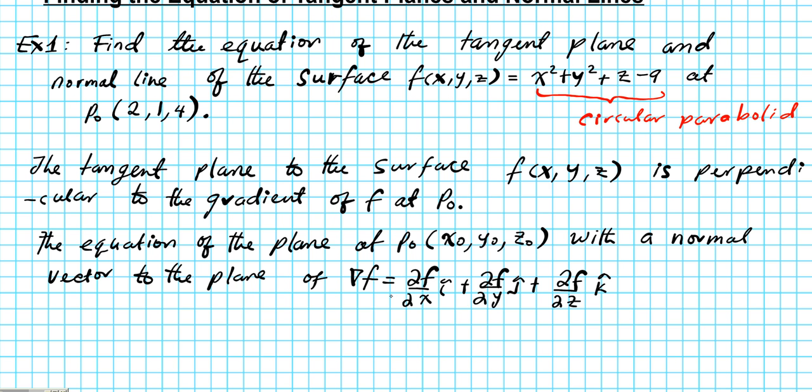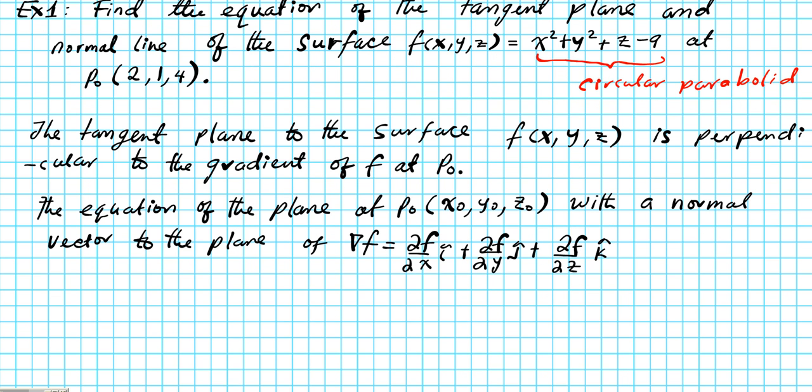This is a little bit long to write, especially when we're writing the formula. So this can also be written as f sub x, the partial with respect to x in the i direction, plus f sub y, the partial with respect to y in the j direction, plus f sub z, the partial of f with respect to z in the k direction.